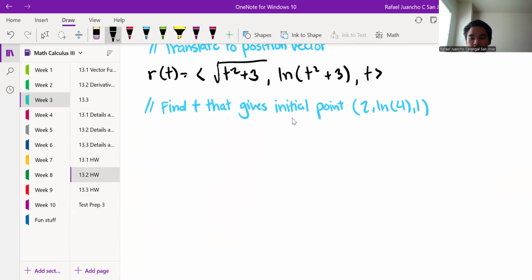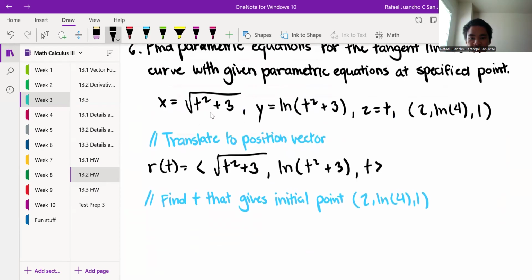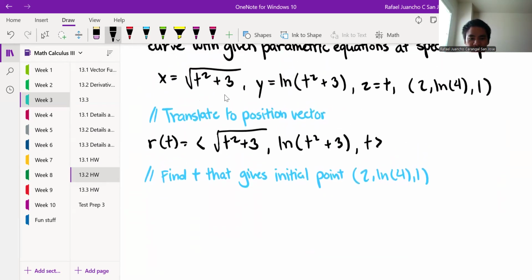And what in the world is that? Well, I plug in what I know. The square root of t squared plus 3 is my x value, and that's the same as 2. I'm trying to not mess up my square roots here. Okay, that looks fine.